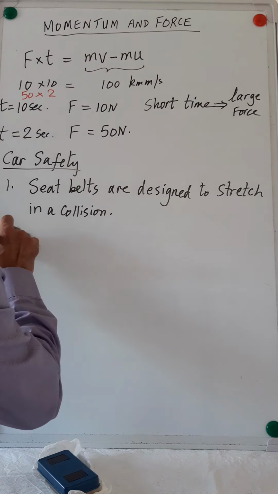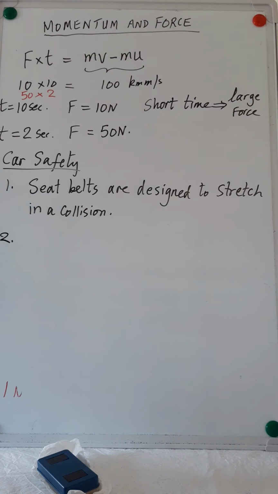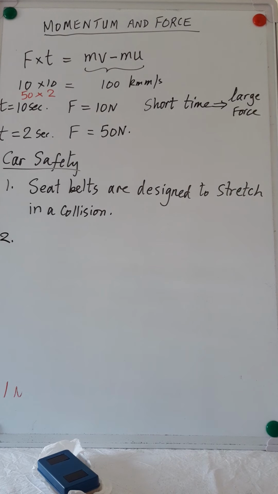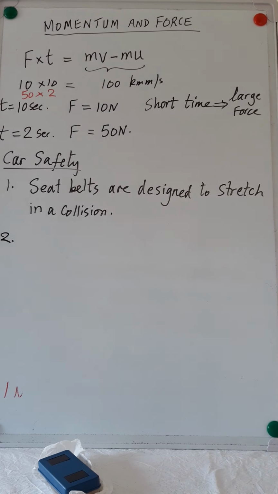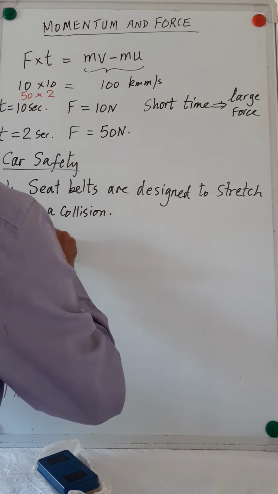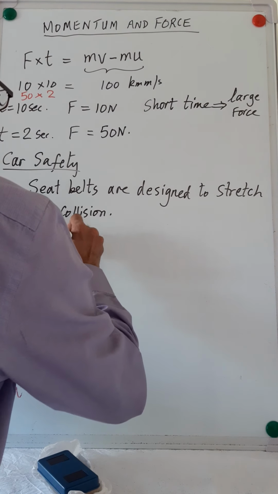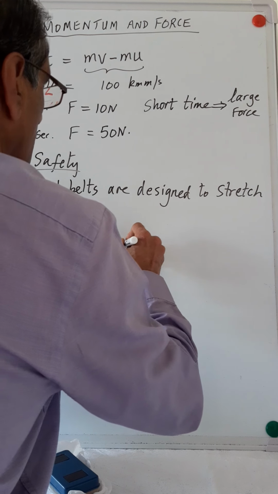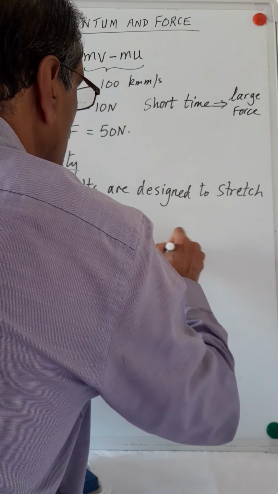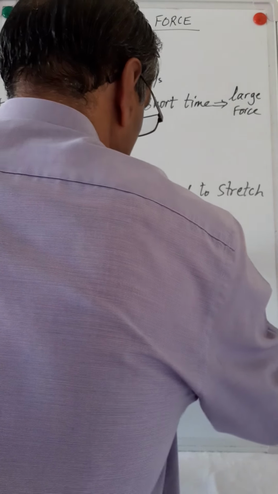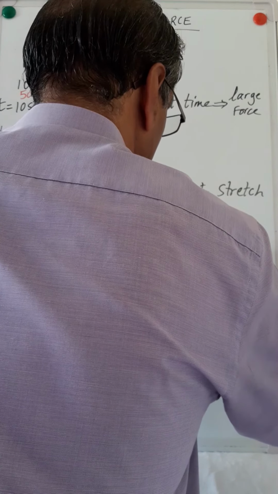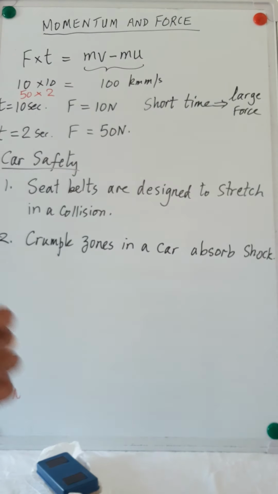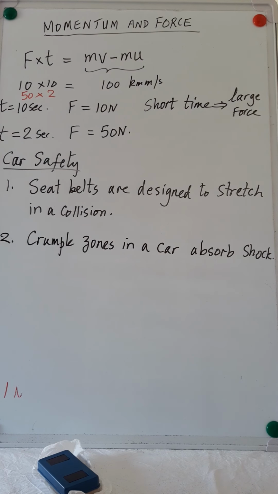Now, the second thing is the crumple zones in a car, which absorb the shock. What is a crumple zone?